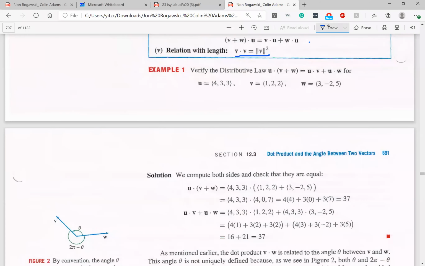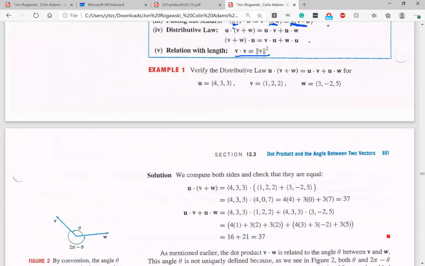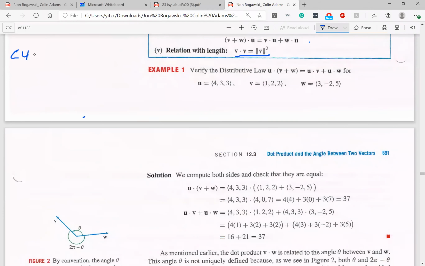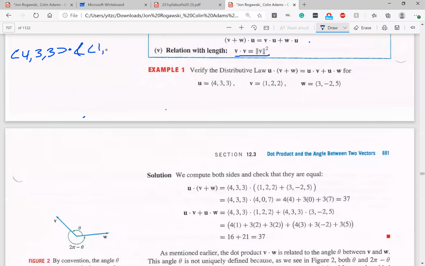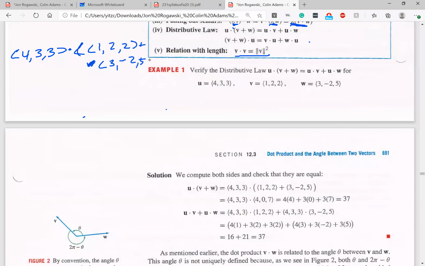So let's try that. For the first one, U dotted with V plus W. So your U is 4, 3, 3 dotted with your V, which is 1, 2, 2, plus your W, which is 3, -2, 5.